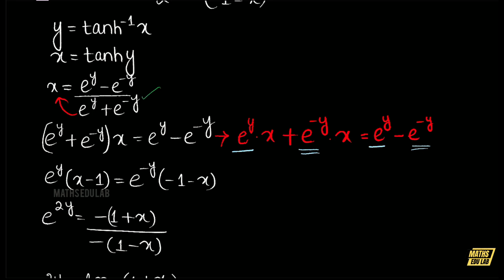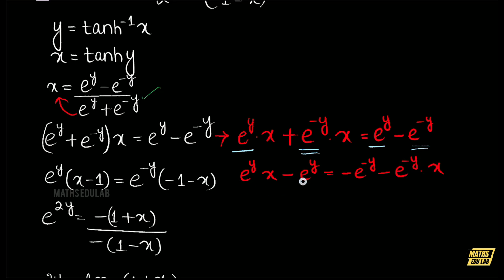Then the next step will be written as e to the power of y x. So here on changing, this one will be minus e to the power of y, which is equal to minus e to the power of minus y minus e to the power of minus y into x.